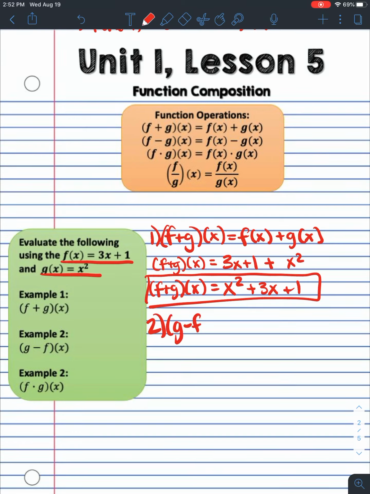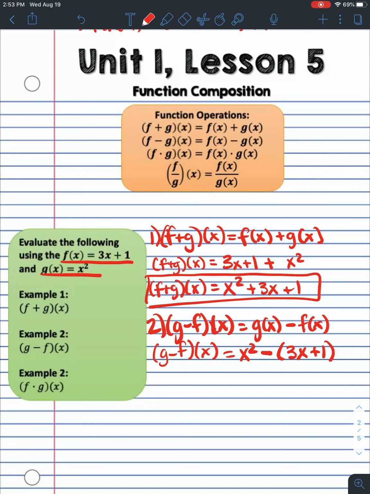Okay. Number 2 is g minus f of x. So that means I'm going to do g of x minus f of x. So g minus f of x is g of x, which is x squared, minus f of x, which is 3x plus 1.